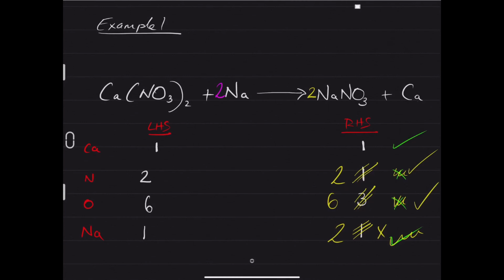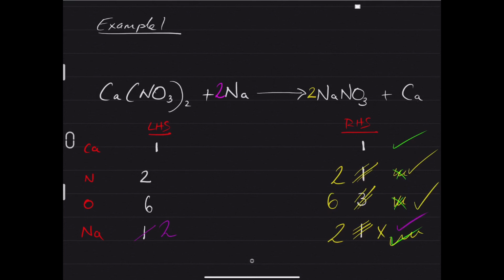So by putting the 2 on the sodium, we now have to represent that change in our chart. So we can say now that there are 2 sodiums on the left-hand side. And if we compare that to the right-hand side, there are also 2 sodiums. So now we can confidently say that the sodiums are now balanced.